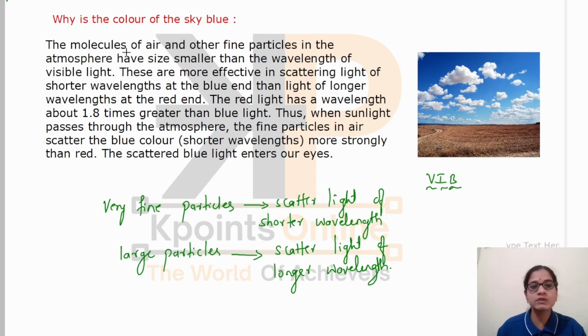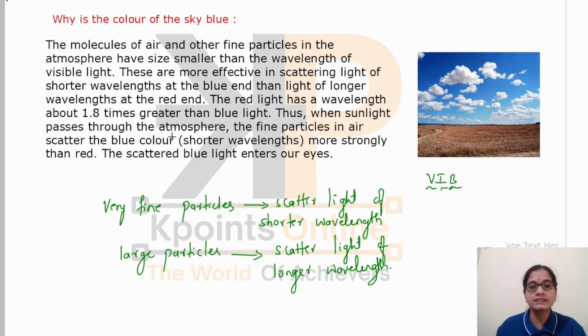The molecules of air and other fine particles in the atmosphere have a size smaller than the wavelength of visible light, so they are more effective in scattering light of shorter wavelength. Which colors have shorter wavelength? We have violet, indigo, blue colors at the blue end, then light of longer wavelength at the red end. And red light has a wavelength about 1.8 times greater than blue light.